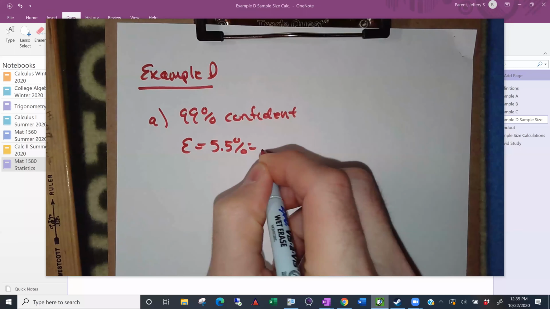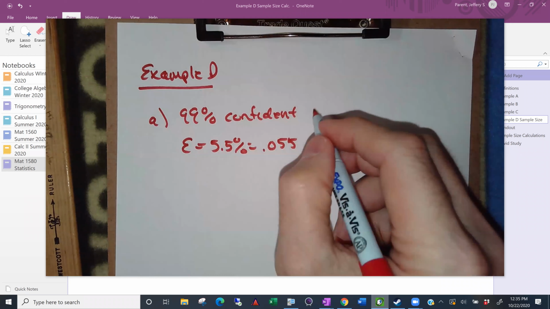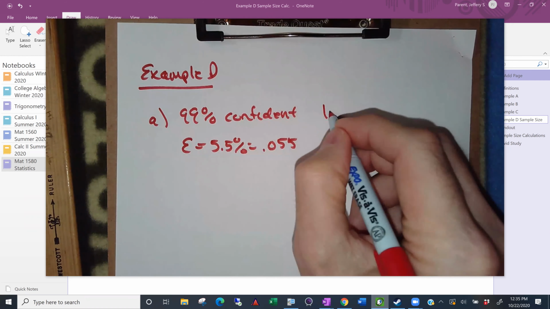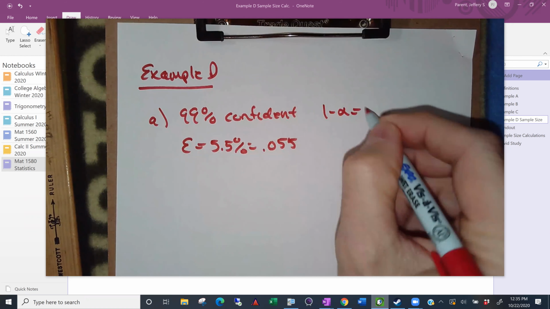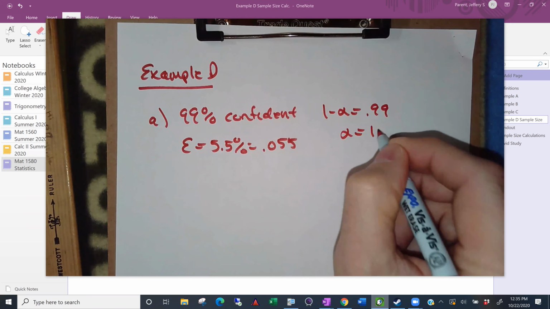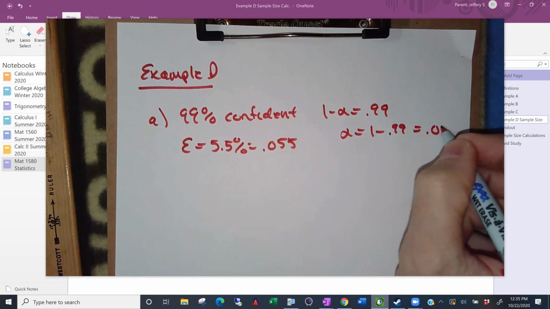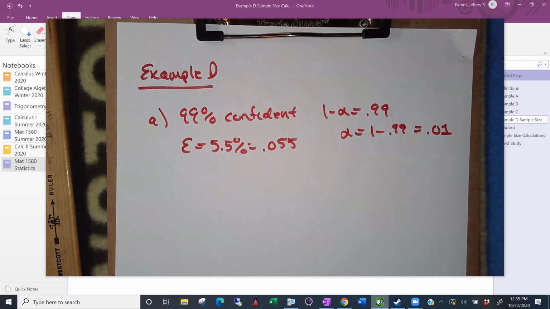But you better write that as a decimal if you want to put that into your calculator. If we want to be 99% confident, that means 1 minus alpha is 0.99, or alpha is 1 minus 0.99, or 0.01.